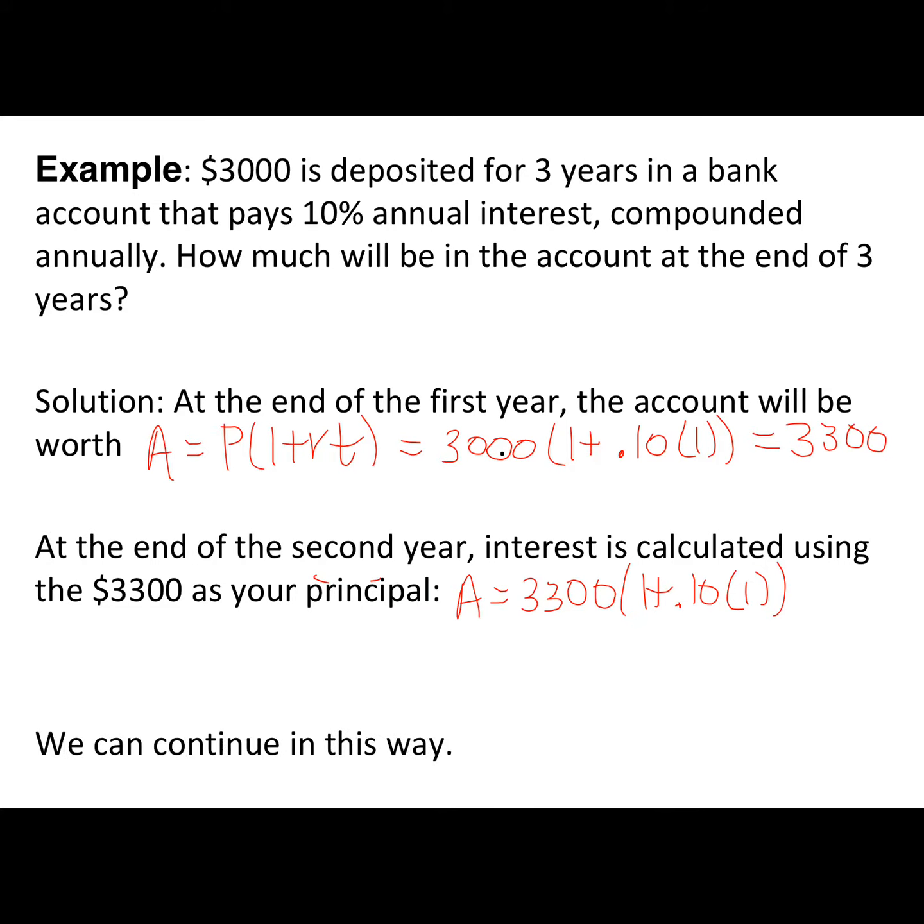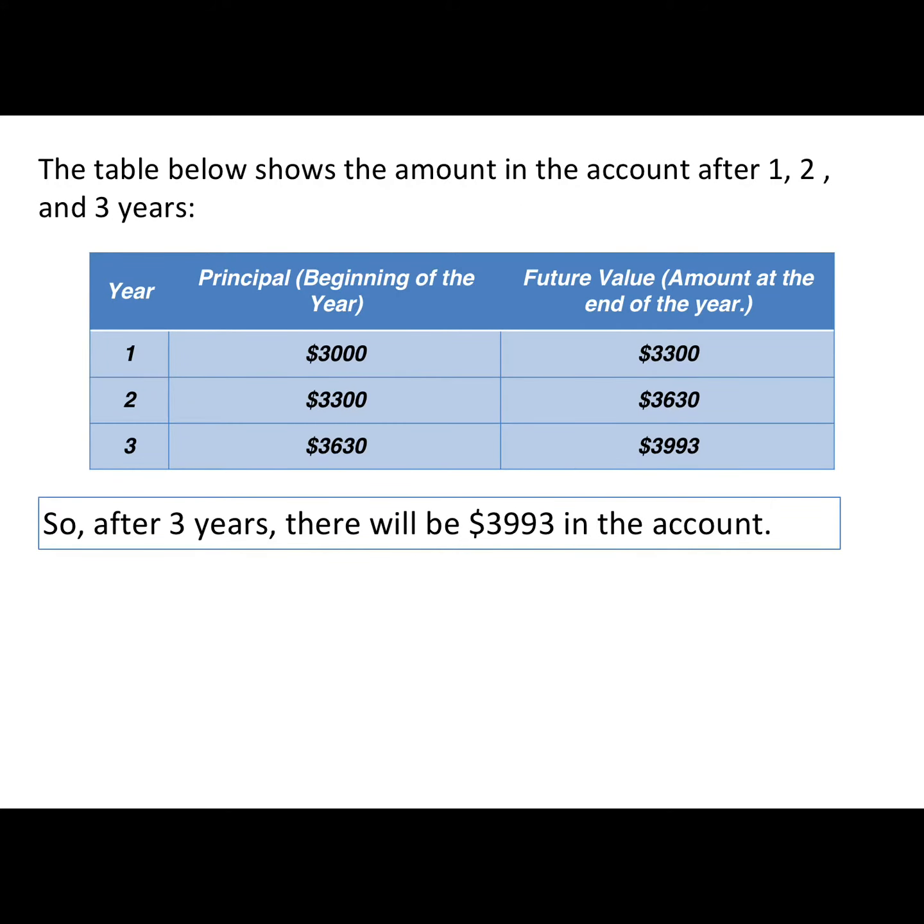Okay, and that's going to give you what? $3,630. And I could do this again. So in the third year, that $3,630 is going to be my principal. So here's the table. So after 3 years, there will be $3,993 in the account.